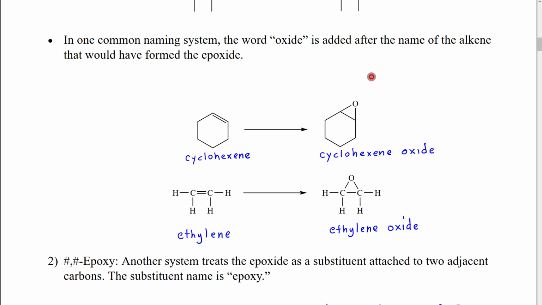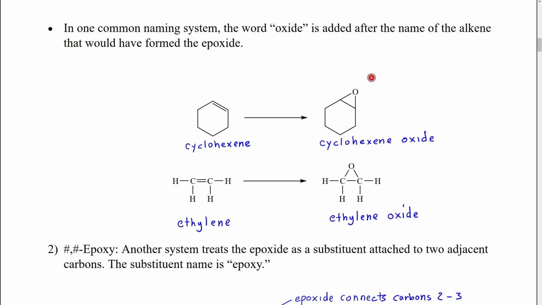Knowing this, organic chemists first started naming epoxides by considering them the oxides of a known alkene.